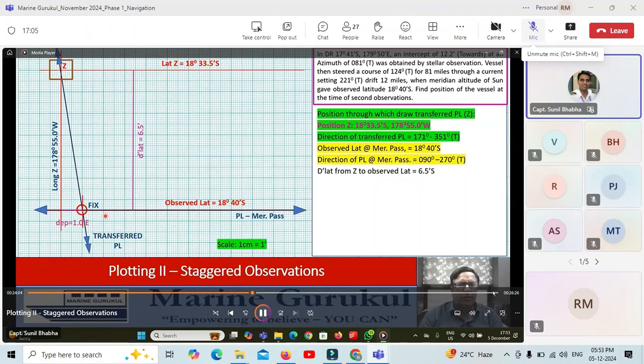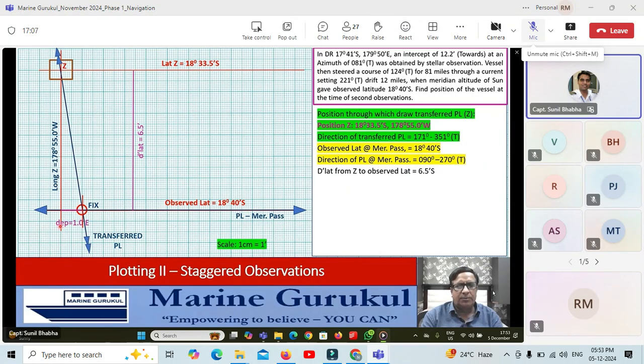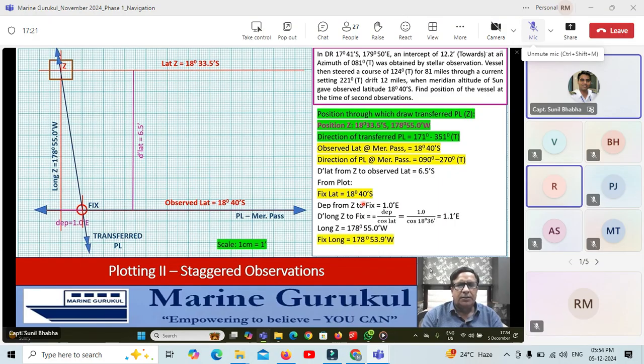We can read off the departure on the screen from the graph, which is 1 minute east from longitude of Z. Departure is converted into D long. You can see all this working coming on the screen. And then that D long is applied to the longitude of Z, and that gives us the fixed long. And eventually we get the coordinates of this fix as 18 degrees 40 minutes south, 178 degrees 53.9 minutes west.